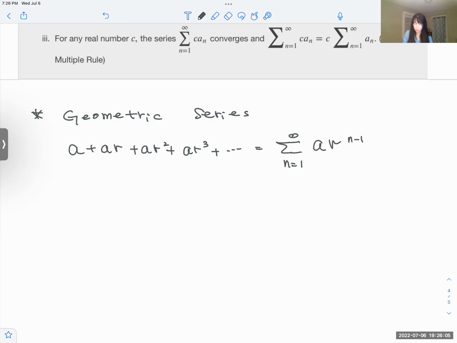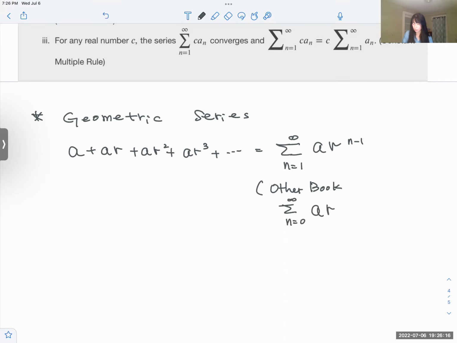Other books indicate n equal to 0 to infinity, ar to the n power, okay? So this book is using the n minus 1 power. Then we call r the ratio, and a is just a number, more specifically the initial term in this case.